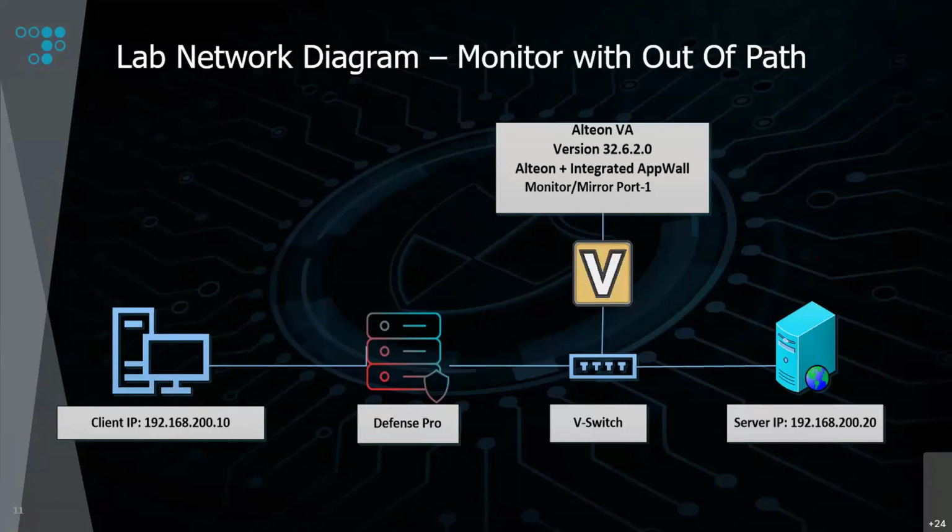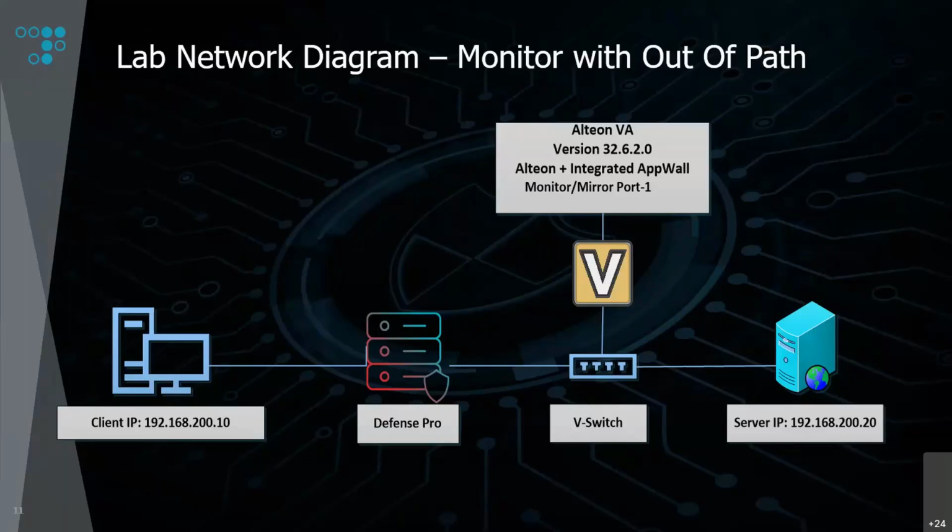This monitor mode helps us to deploy the application traffic in a simple way and have analysis and AppWall security events visibility without impacting the application and without any risk to the customer or production environment with out of path.